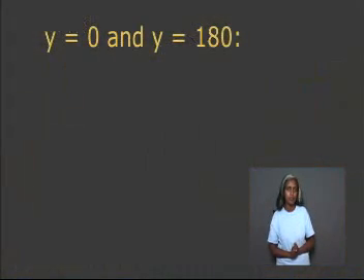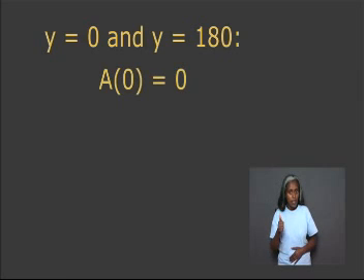To get the maximum area, we calculate the value of A at y equals 90, the critical number. The two end points of y are 0 and 180.